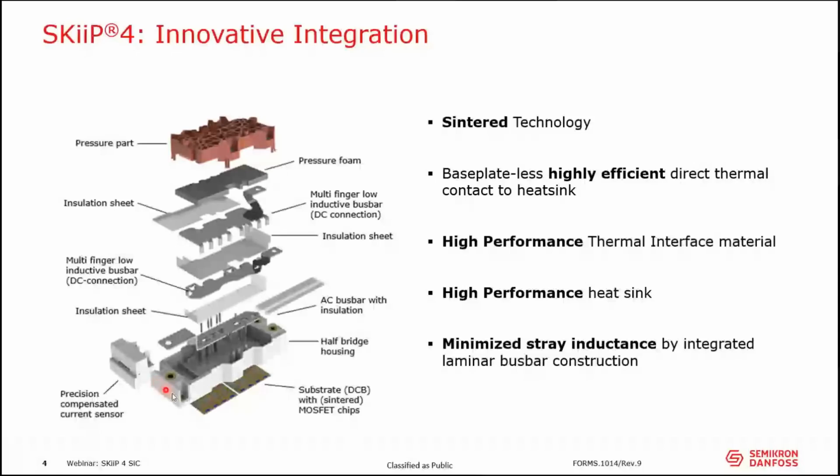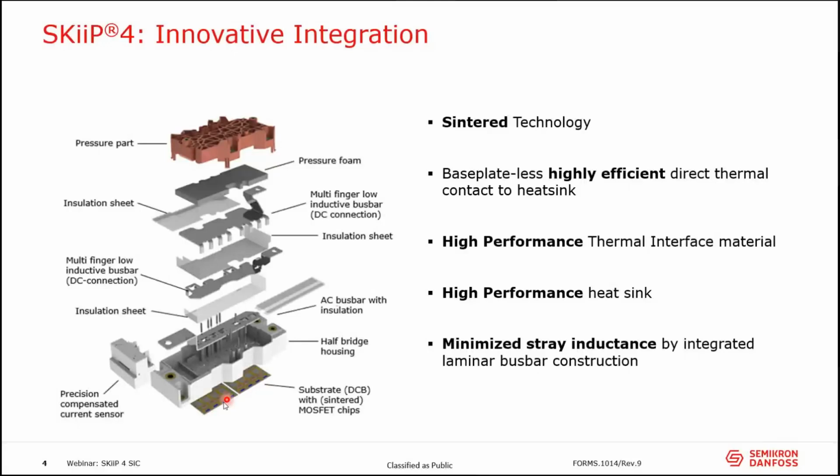Here on the picture, you can see the explosion drawing of SKiiP for half bridge. You can see the bus bars sandwich, as it's called, separated with isolation foil. And on the picture, it can be seen that each chip has its own contact areas, so that the inductance in the module is optimized and the current sharing is homogeneous.